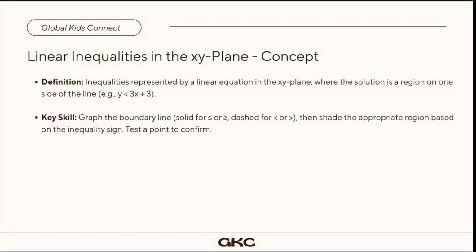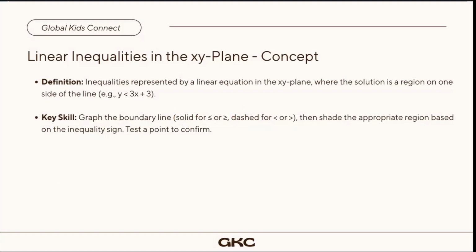But first of all, the key skill is to graph the boundary line. This will be very important. Boundary lines are solid for inequalities that include equal to, and dashed for inequalities that do not include equals. Then we shade the appropriate region based on the inequality sign and test a point to confirm.